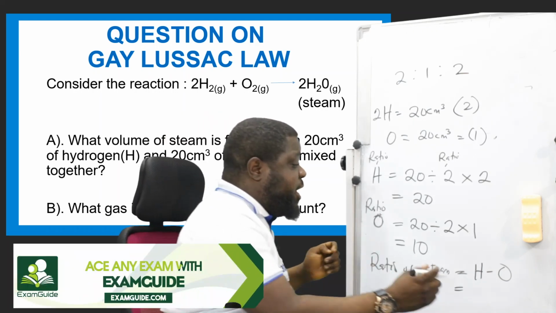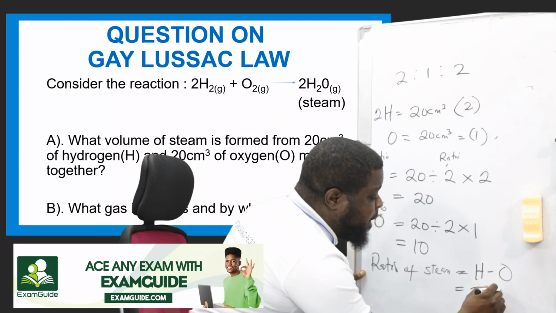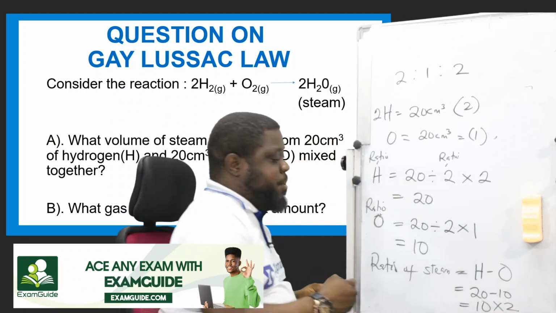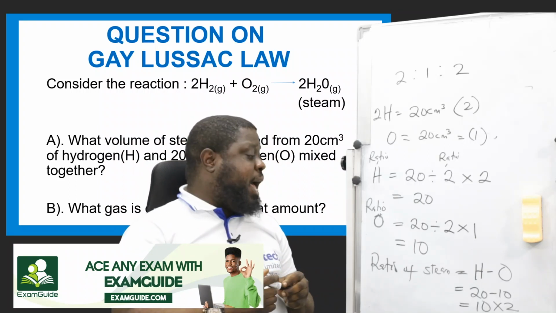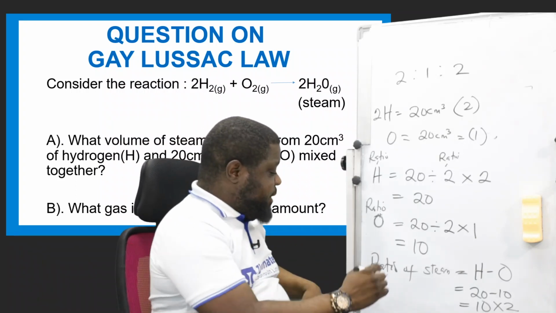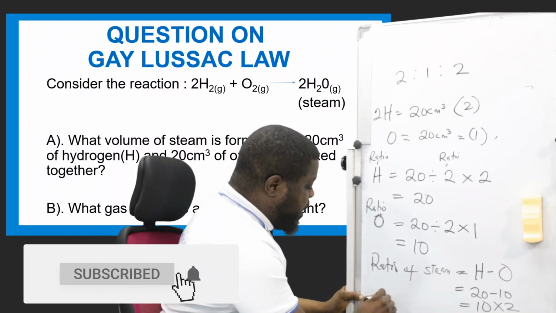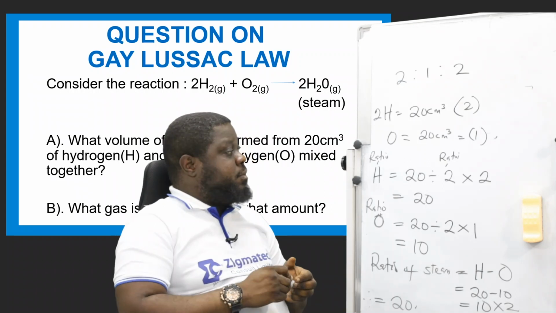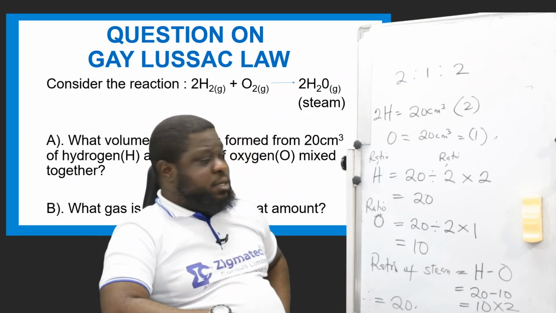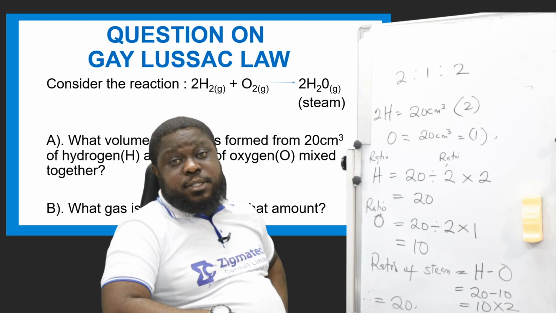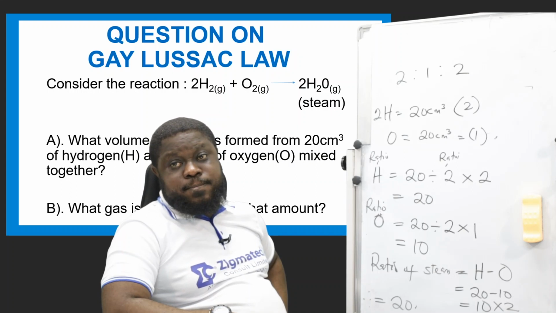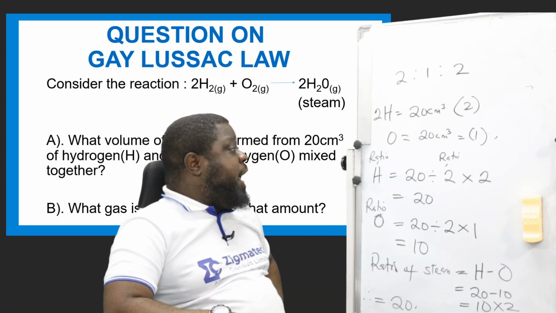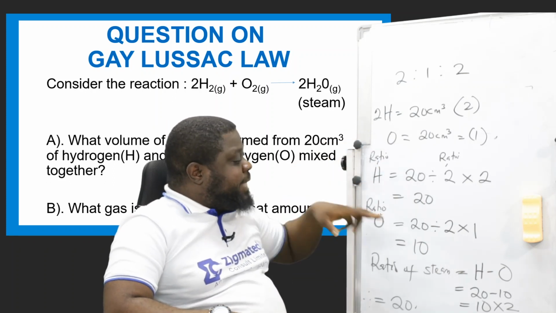So hydrogen minus oxygen is 20 minus 10, which is equal to 10, times 2, because the steam there is 2. Therefore, ratio of steam is equal to what? 20. Are you following? Yes. So the ratio now, 2:1:2, has changed to 20:10:20.